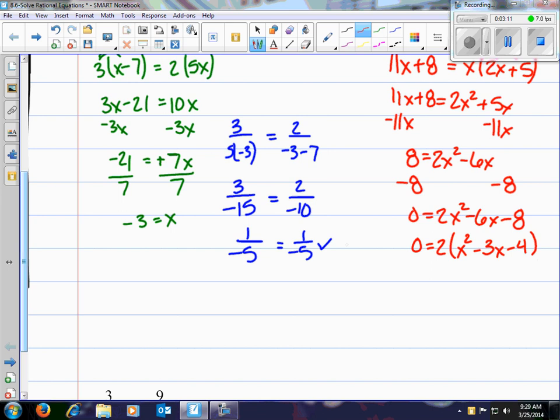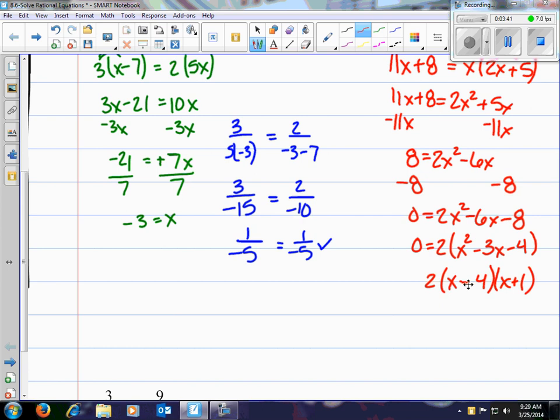Now, this is much easier because now I can say what two numbers multiply together to be negative 4 and add together to be negative 3. So I have negative 4 and positive 1. So I have 2 times x minus 4 and x plus 1, like this.